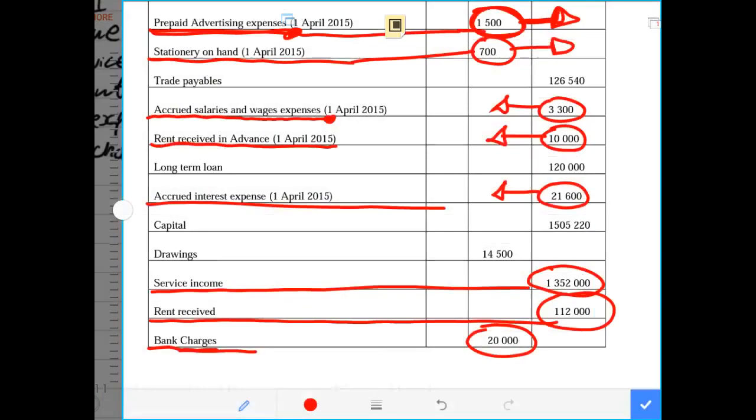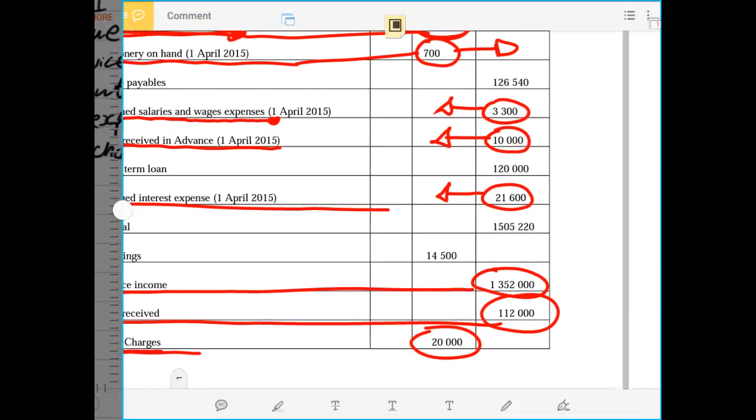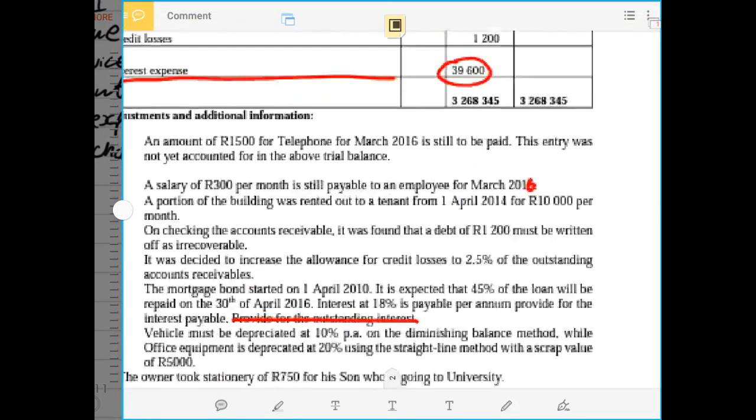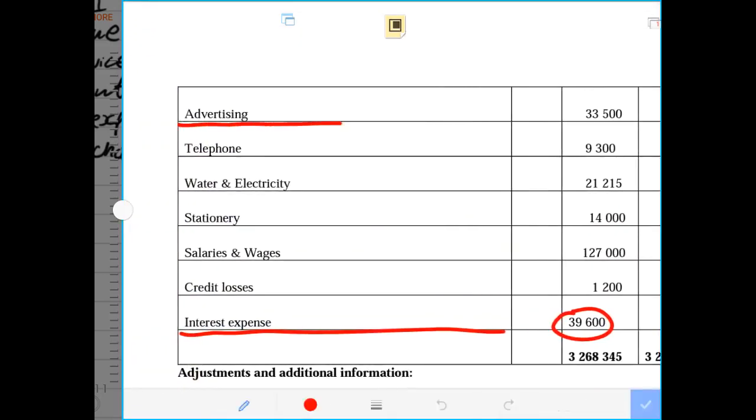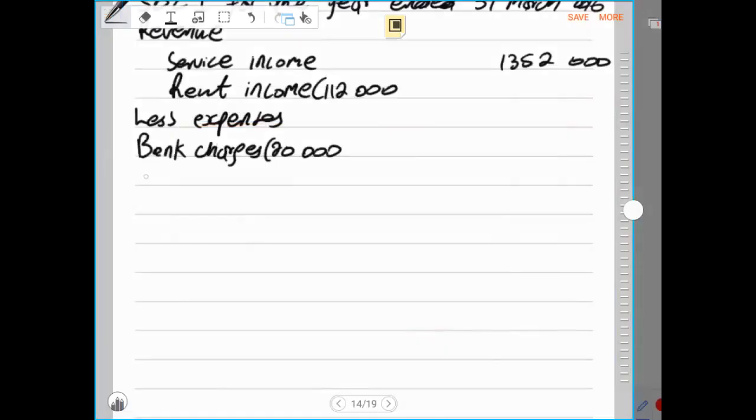The next expense as it appears in our trial balance is advertising expense. There we do have advertising of 33,500 rands. Then we record advertising as 33,500 rands.